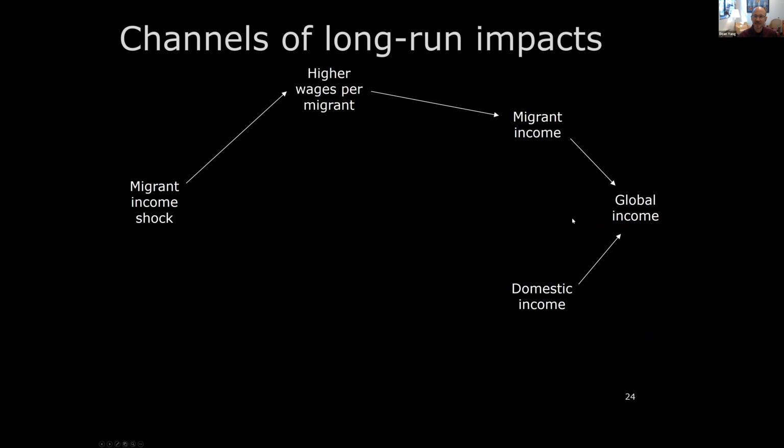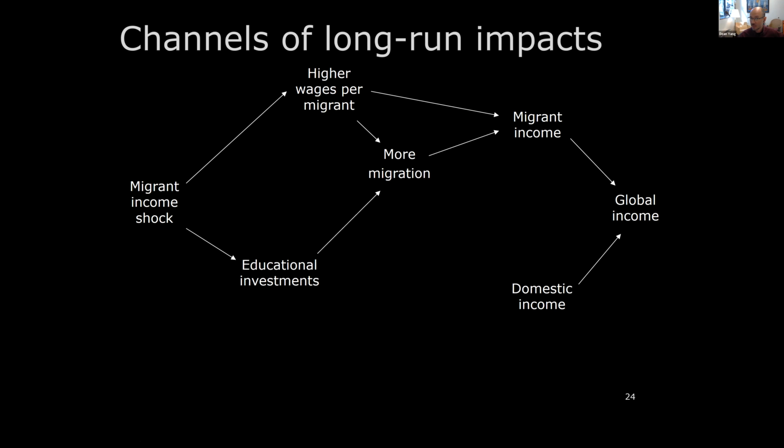The first thing that happens is that the exchange rate shocks, the shift share variable, lead to higher wages per migrant, which itself has a direct effect on migrant income. In addition, these higher wages per migrant may change migration rates over the long run, which also may change migrant income. In addition, the migrant income shock may alleviate liquidity or other constraints on investment in education, for example.